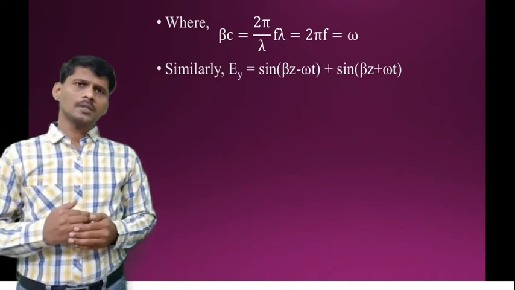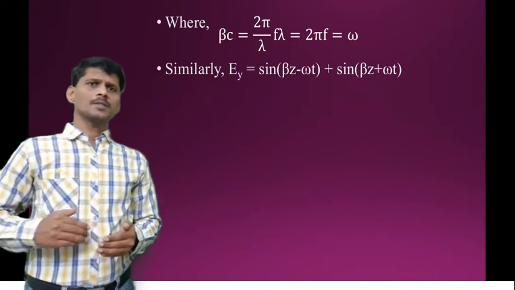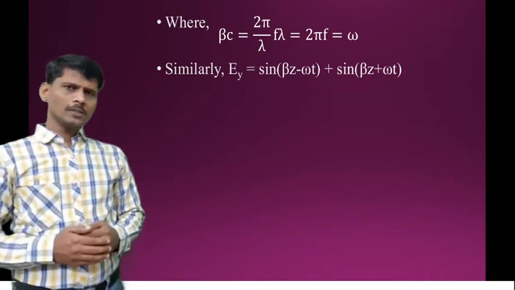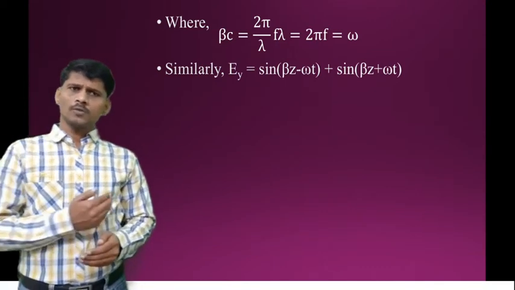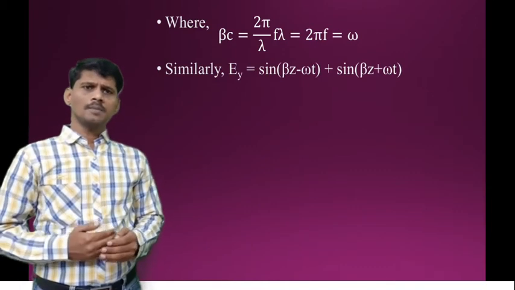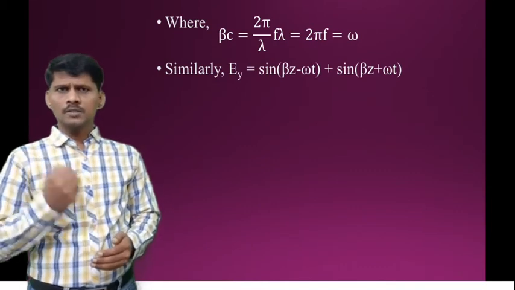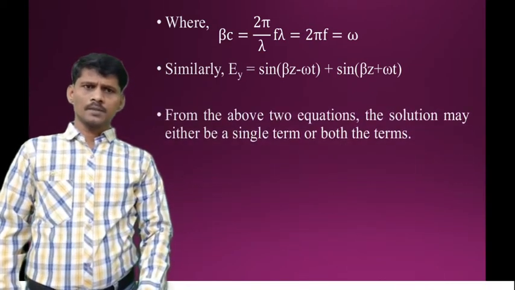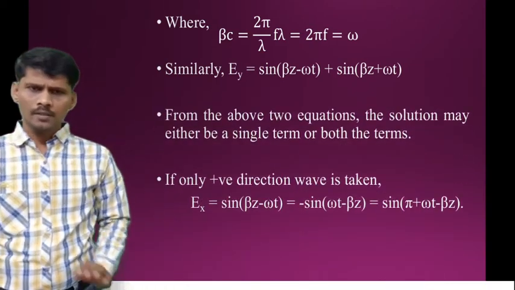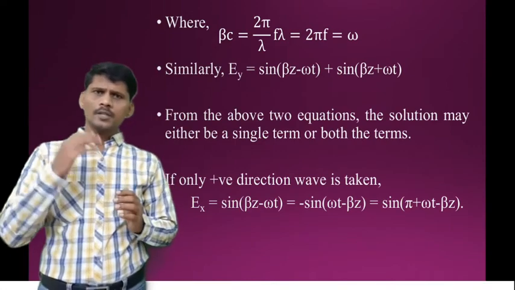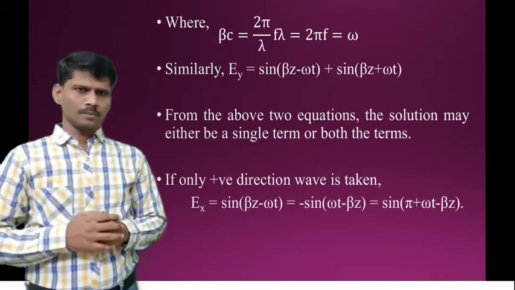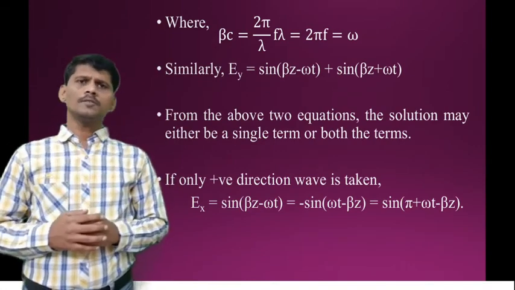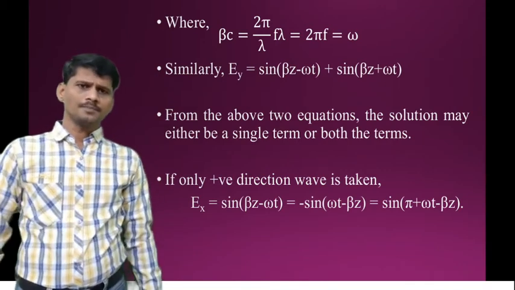Similarly, the second expression of the general solution is Ey is equal to sin of beta z minus omega t plus sin of beta z plus omega t. Similarly, the third and fourth expressions. So this is the trigonometric form of the general solution.